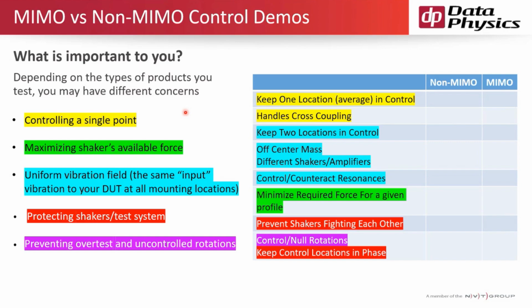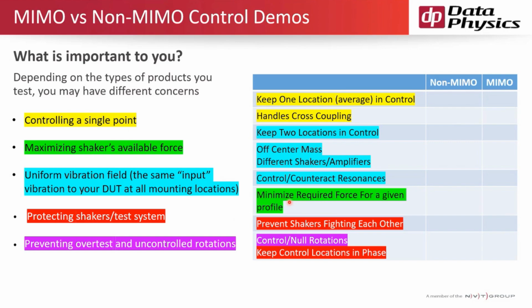Well, then keeping one location in control and being able to handle cross coupling, which is going to affect your ability to keep multiple locations in control, might be the concern in your world. If you're testing large or massive test articles and you want to maximize your available force in your system, then minimizing the required force for a given profile is of concern to you.